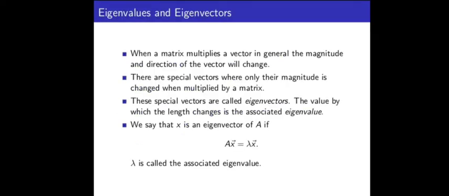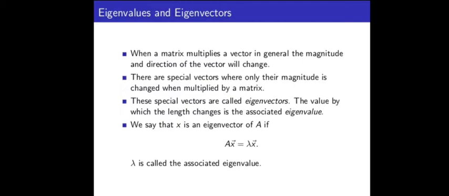Next, what is eigenvalue and eigenvector? Generally, when a matrix multiplies a vector, the magnitude and direction of the vector will change. Now, there are some special vectors where only their magnitude is changed when they are multiplied by a matrix.